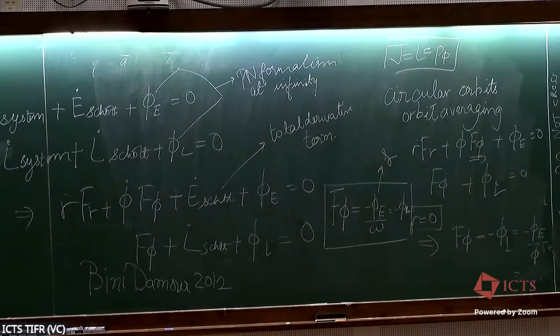In GR, gravitational waves have two polarizations, the plus and the cross. So basically we have H plus.